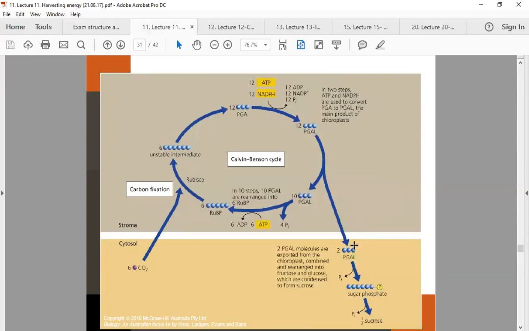If you wanted to be more specific, you would say that this 3-carbon PGAL molecule is the first carbohydrate that's synthesized as a result of C3 photosynthesis. Or you could say that here we have a 6-carbon glucose or fructose molecule that's being produced.